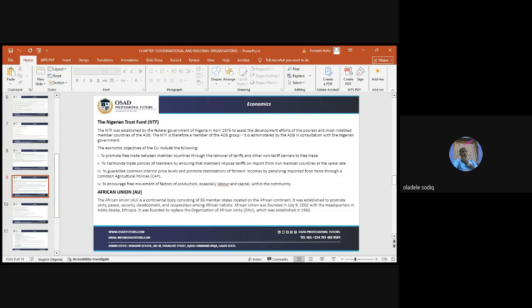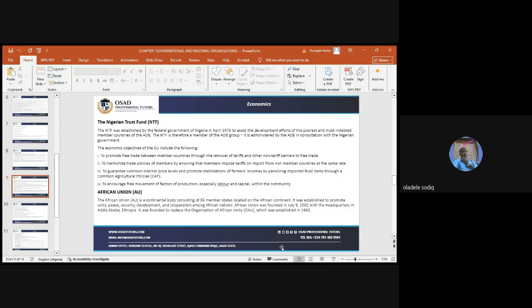That is Addis Ababa in Ethiopia. So that is where the African Union headquarters is, and it was established in 2002.